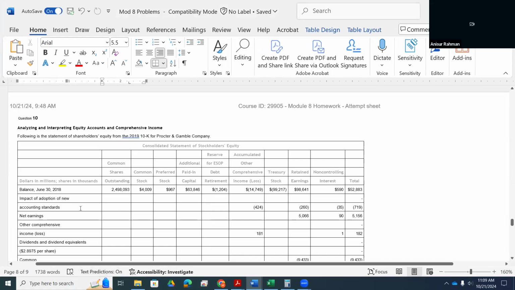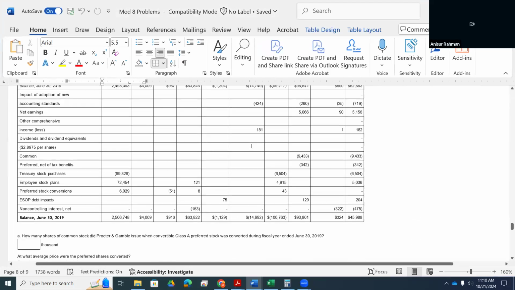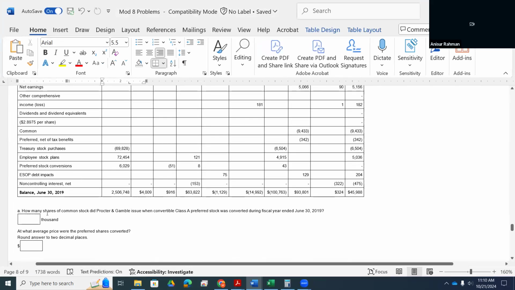So question 10, analyzing and interpreting equity accounts and comprehensive income. We have consolidated statement of stockholders' equity. How many shares of common stock did Procter & Gamble issue when convertible Class A preferred stock was converted during fiscal year ended June 30, 2019?